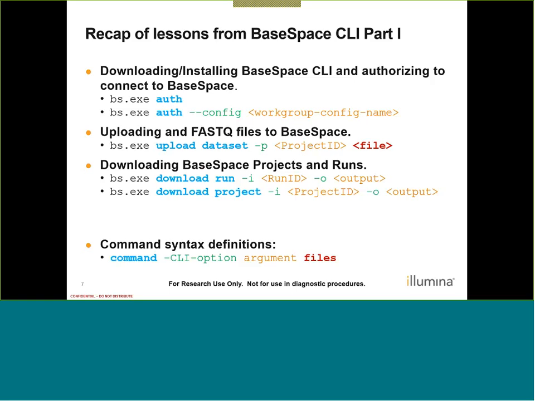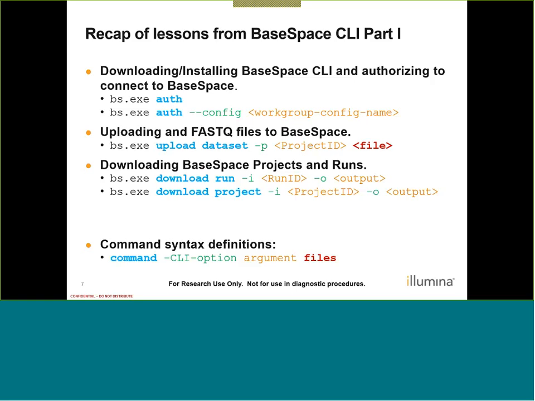And the format of this webinar will have, before each of our demos, a slide like this where I give you a preview of the commands we're going to use, and I've broken them up here based on the type of item in the command line. So down at the bottom, I've defined what the colors mean. The bs.exe, or if Linux and Mac OS, it'd just be BS, that's the actual CLI program.